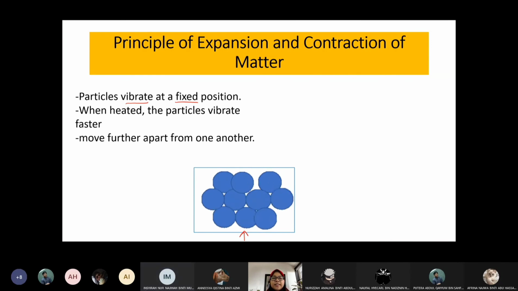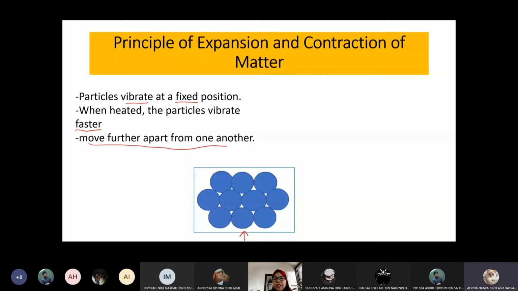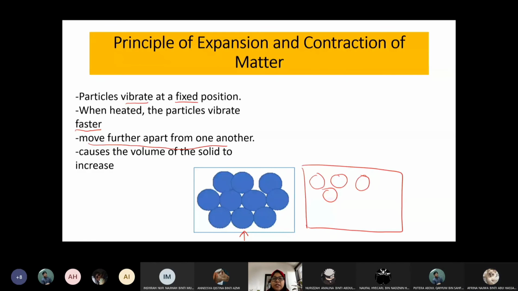Why is that? Not only do they vibrate faster, they will move further apart from each other. So after we heat it, you will see they move slightly apart from each other. And then that causes the volume of the solid to increase.